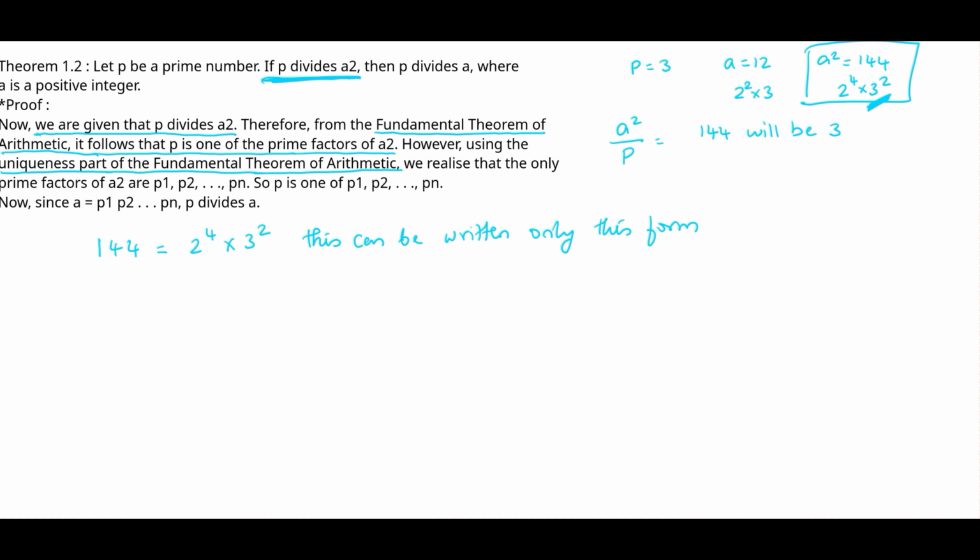That means this 2 power 4 and 3 square is unique to 144. Okay, that is the meaning of the uniqueness part of the fundamental theorem of arithmetic.